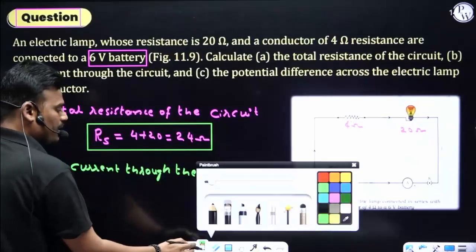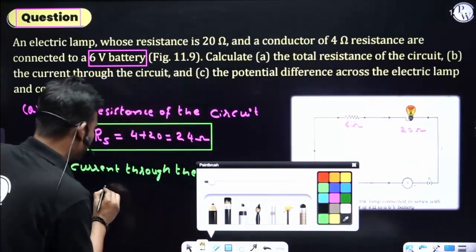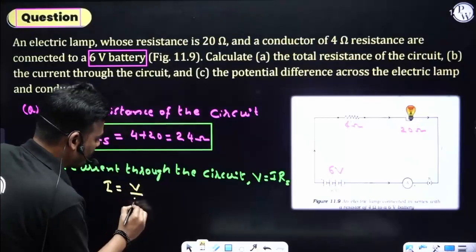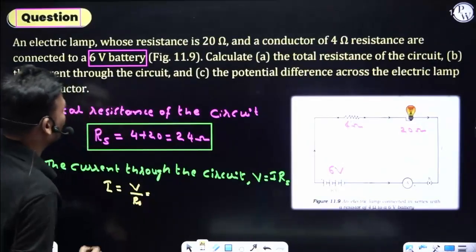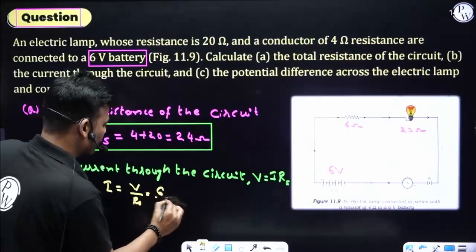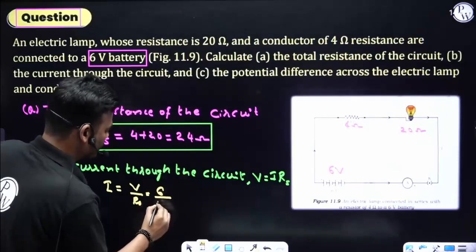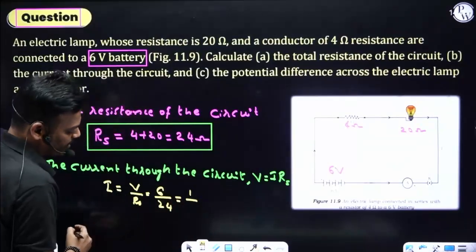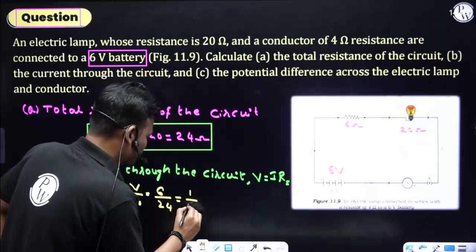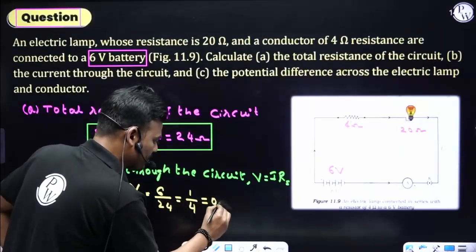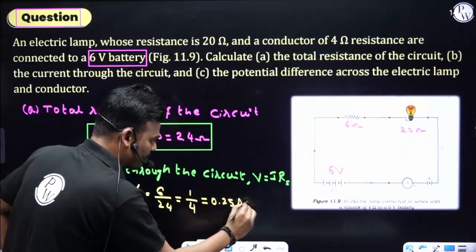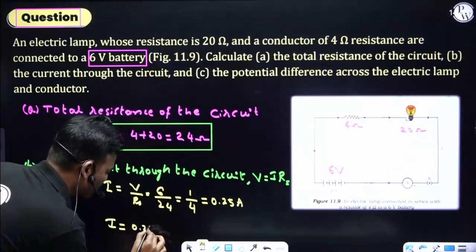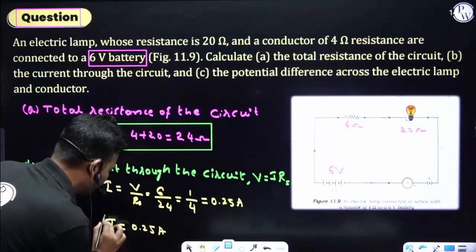We need to find the current, so rearranging the equation we get V divided by Rs. V is 6 volt, divided by Rs, which is 24. So 6 fours are 24, and this is going to be 0.25 ampere. The current in the circuit is 0.25 ampere.